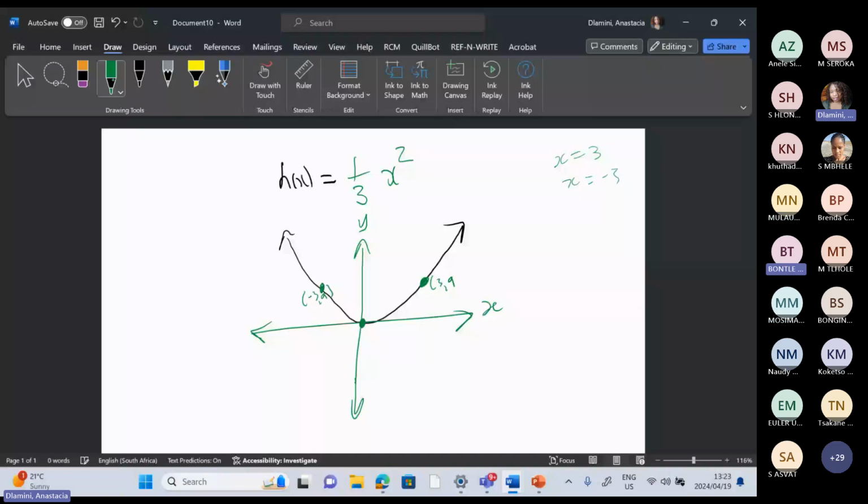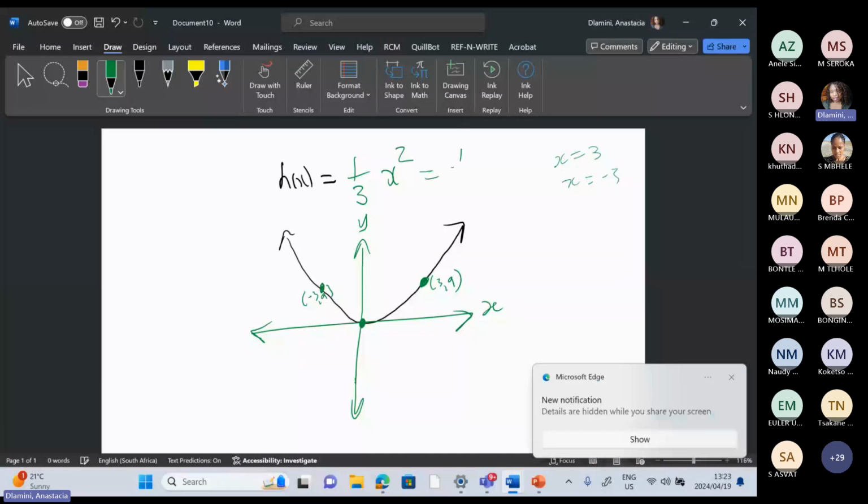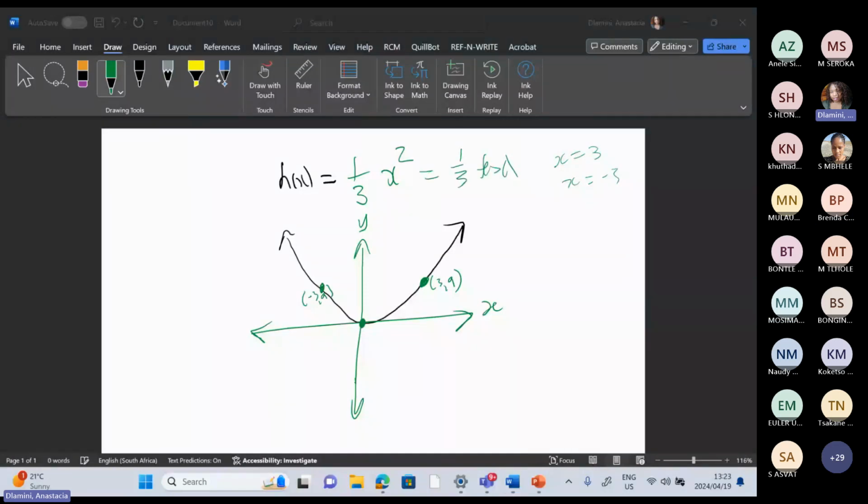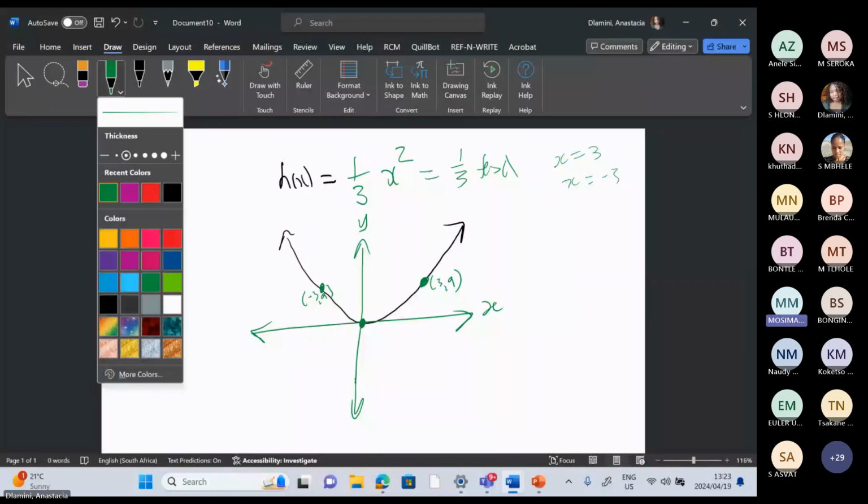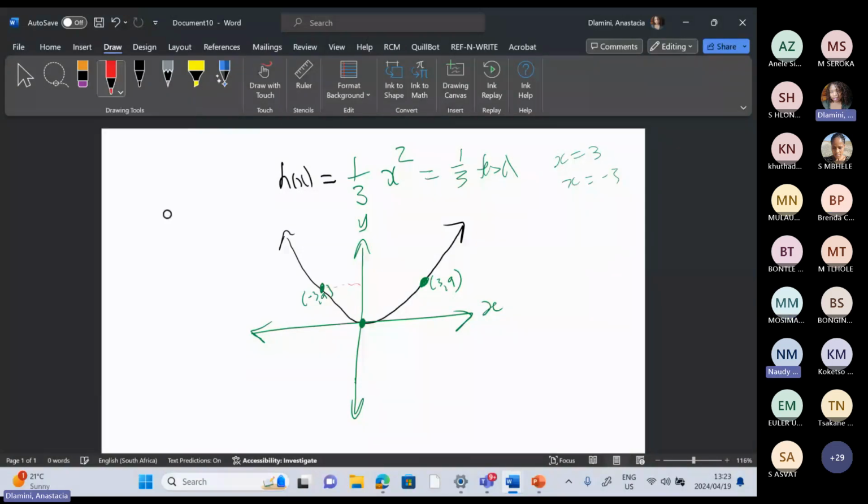Yes. Now they say here, this is the same as 1 over 3 multiplied by f of x, meaning that the y value I multiplied by 1 over 3. So if this is 9 here, the x will remain the same. If I multiply 9 by 1 over 3, what do I get?